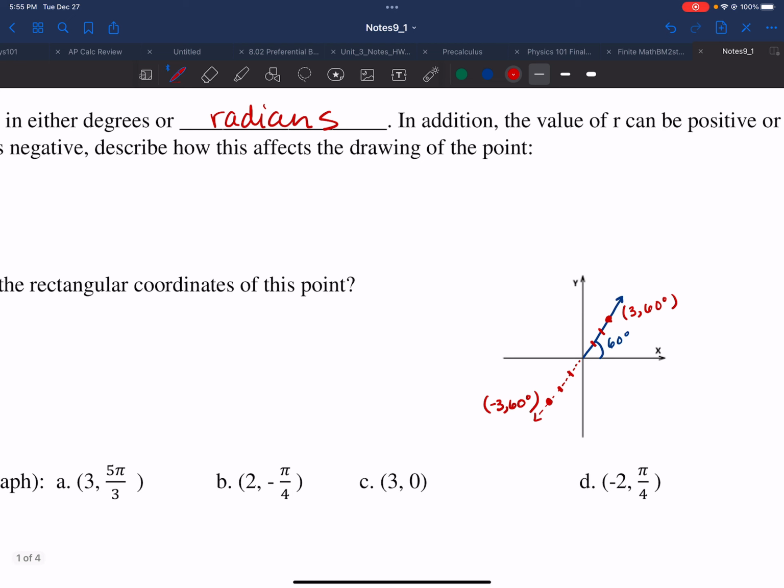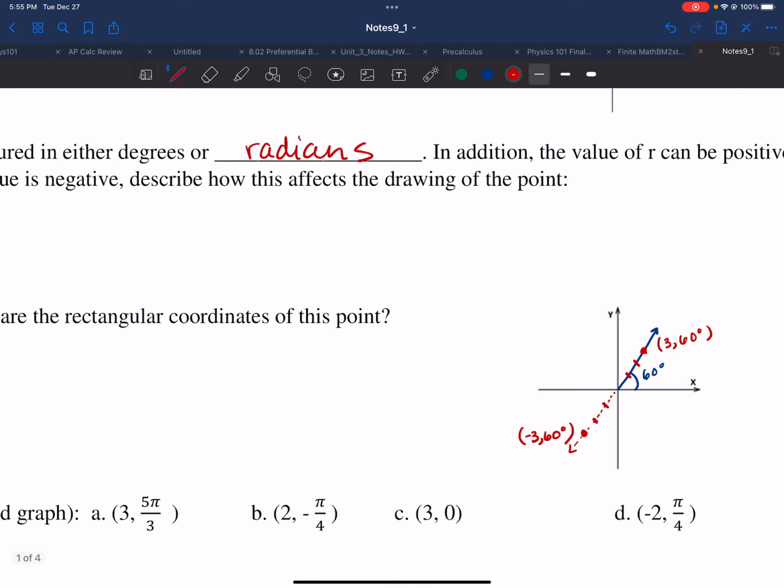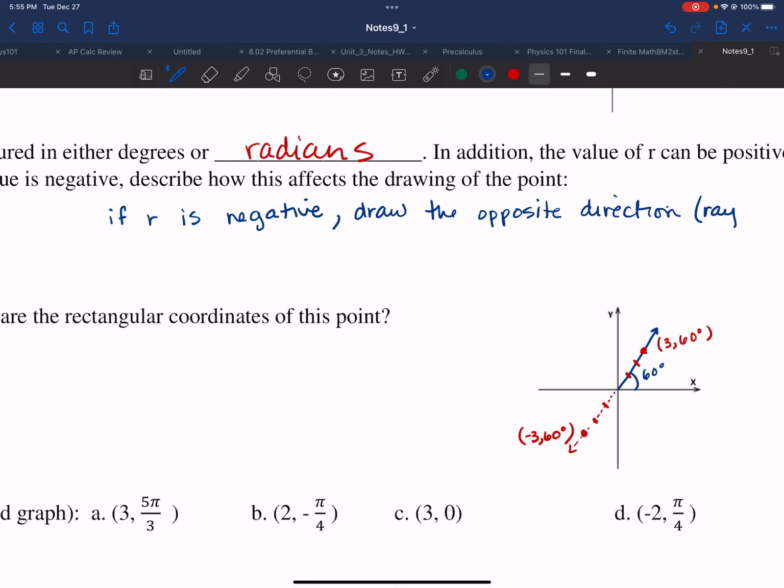Okay, so let's go ahead and describe what we just did, because once we get into words, that will help us. So describe how this affects the drawing of the point. Let's write: if r is negative, draw the opposite direction, and I'm going to put ray down just to let you know that we're going the opposite direction.